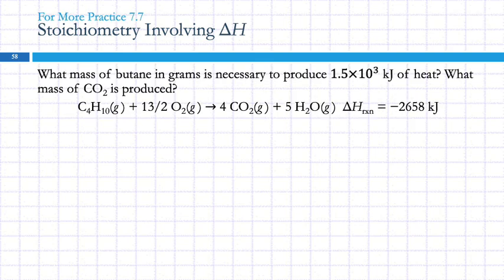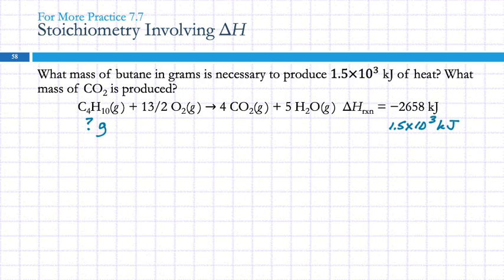One more. These go pretty quickly. What mass of butane in grams is necessary to produce 1.5 times 10 to the third kilojoules of heat? So we're asked about the mass in grams of butane, and we're told that we have 1.5 times 10 to the third kilojoules of heat.